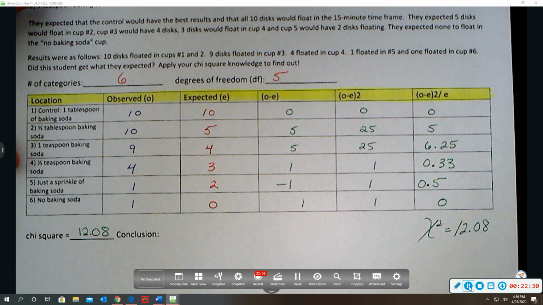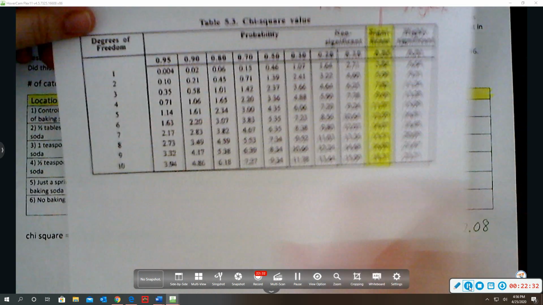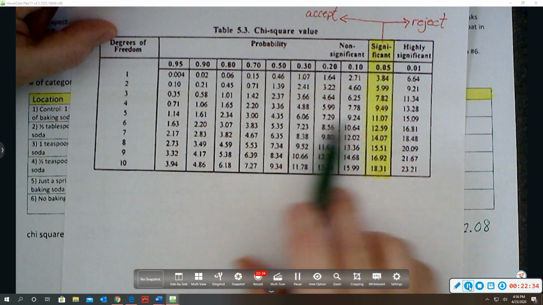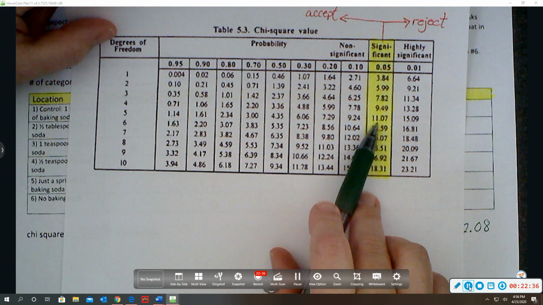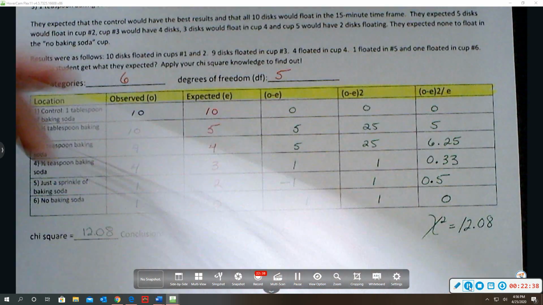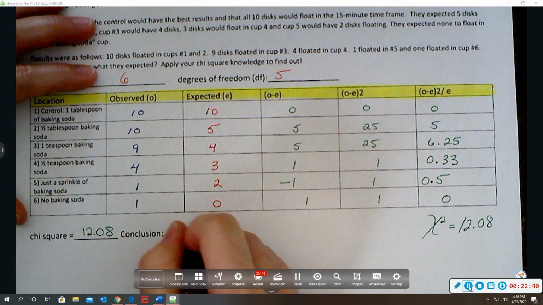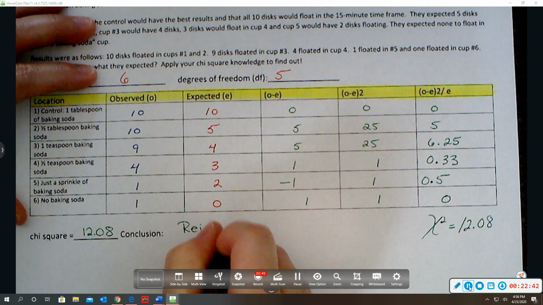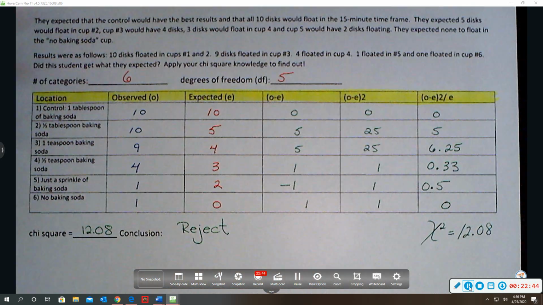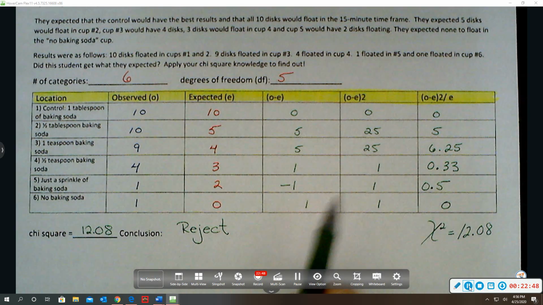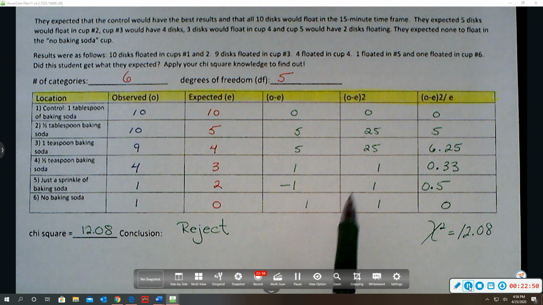Let's see what we've got for our critical value. 5 degrees of freedom, 11.07. Oh, looks like we're going to reject our null hypothesis. Our differences and variations are not due to random chance.